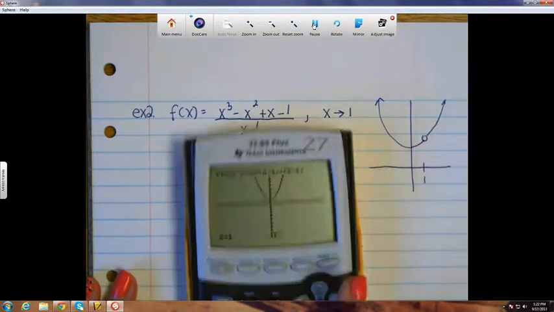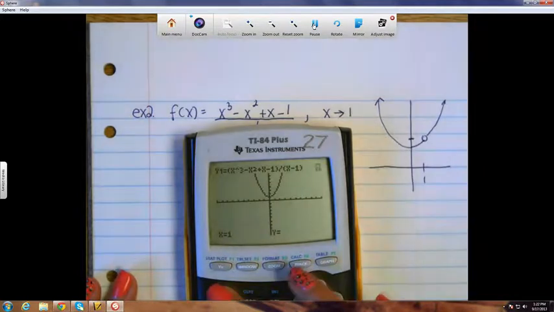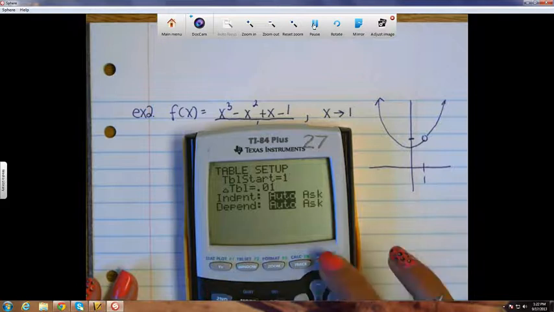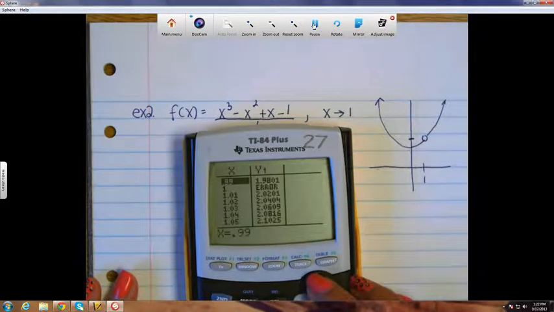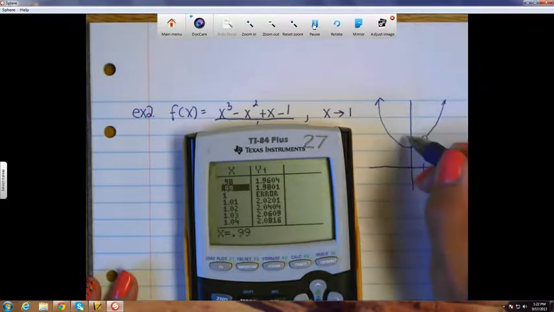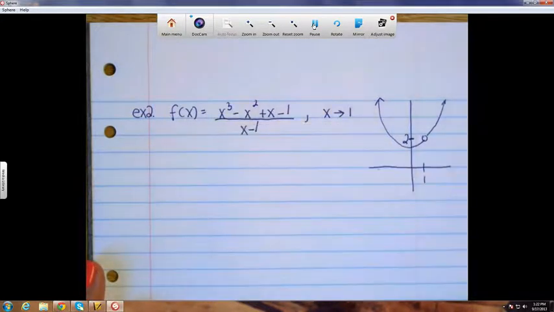If we look at the table to figure out what that limit might be, table set, I want it to be at 1, and then values close to 1. Looks like the y values are jumping over the number 2. So we get something close to 2, we probably did it right. So here we go.